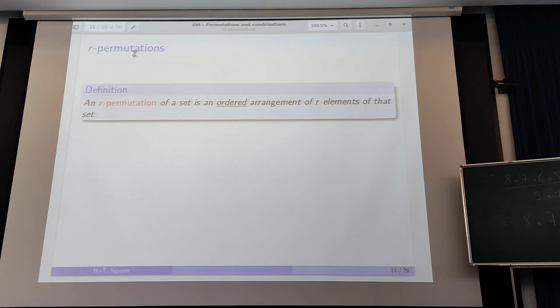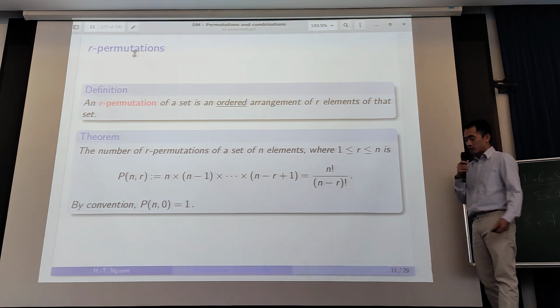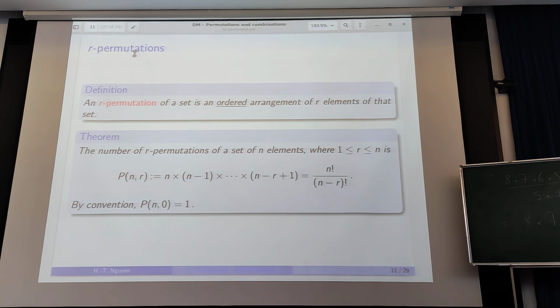So if you see the term arrangement, it is the same as the term permutation here. These terms are not unique, it depends on the document, the textbook, or the papers that you have. Okay? And here, in the book of Rosen, we denote the number of r-permutations of n elements as P(n, r).